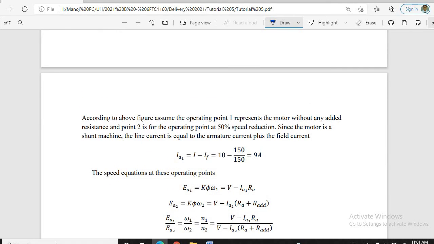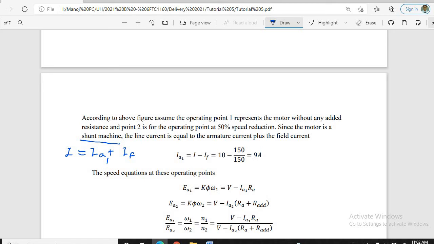According to the above figure, we have done that. Since the motor is a shunt machine, the line current is equal to the armature current plus the field current. Shunt means the line current comes, then it divides into armature current and the field current. Let's mark the armature current as Ia1.